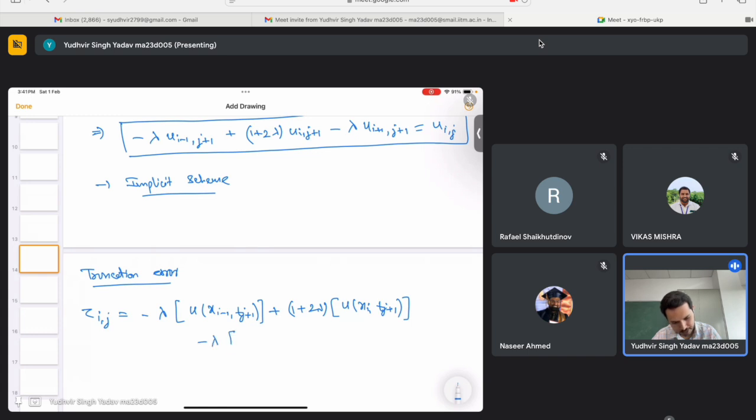And the next term is minus lambda u at x i plus 1, t j plus 1, minus the term on the right hand side, that is u at x i, t j.